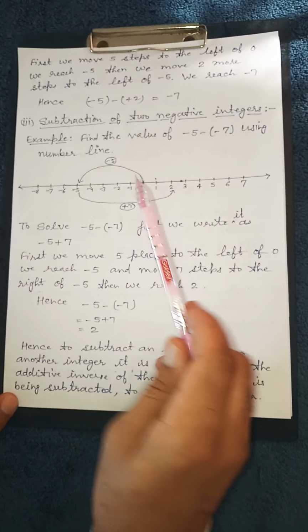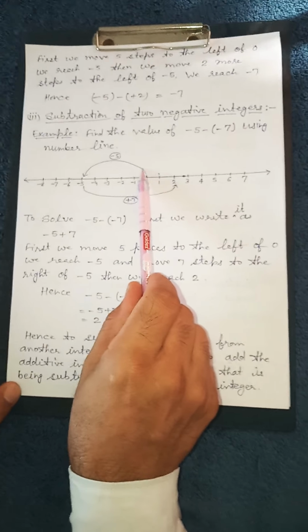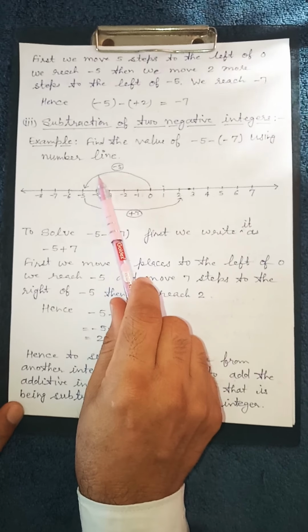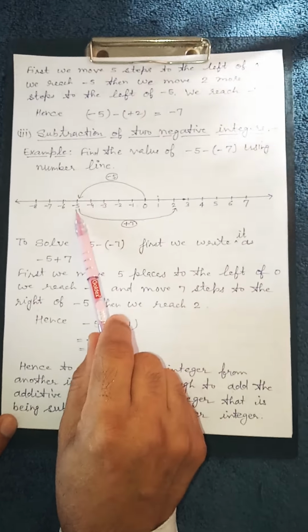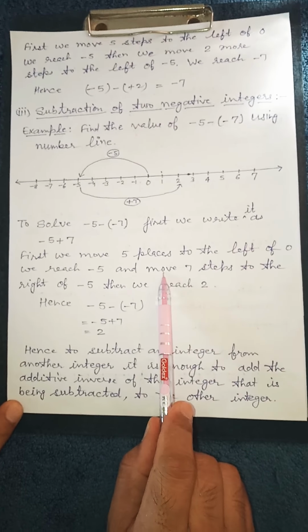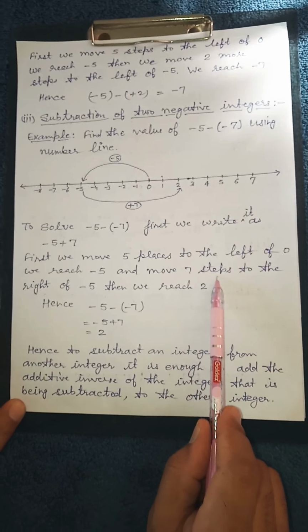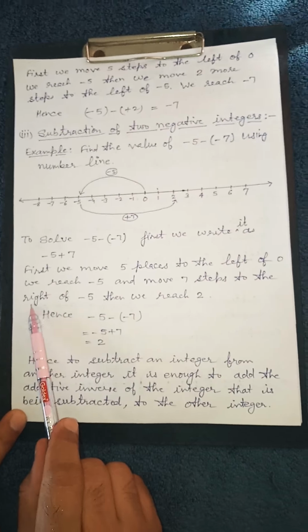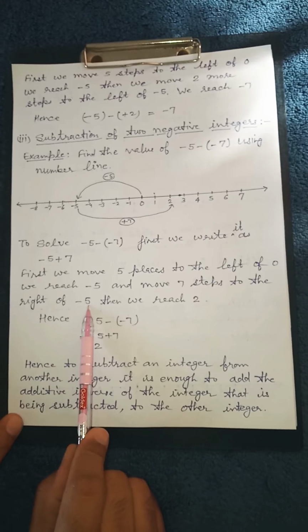5 steps to the left of 0, we reach minus 5, and move 7 steps to the right of minus 5.